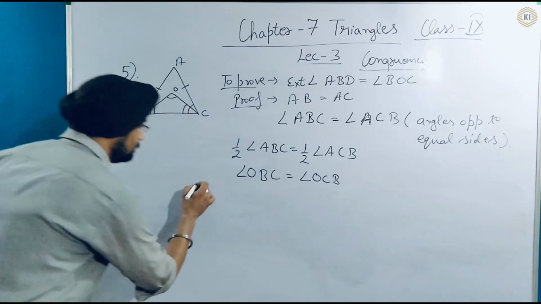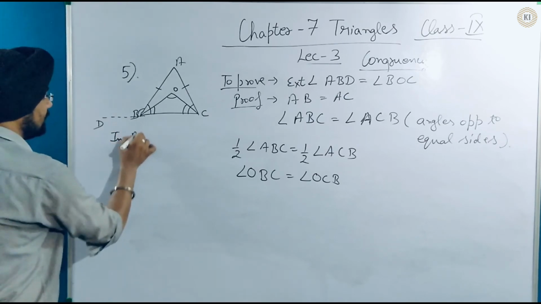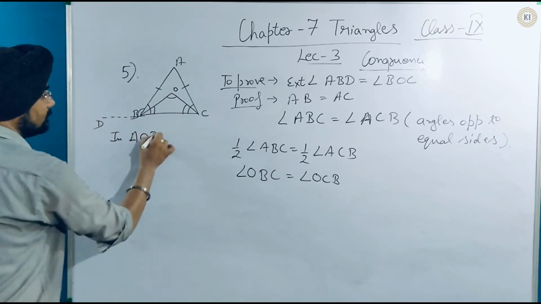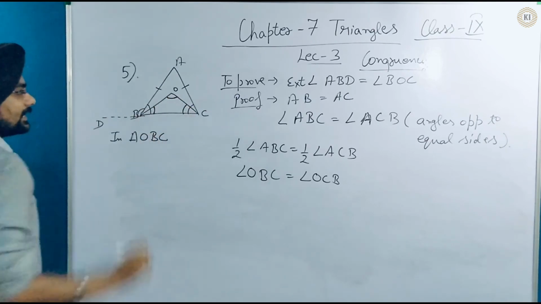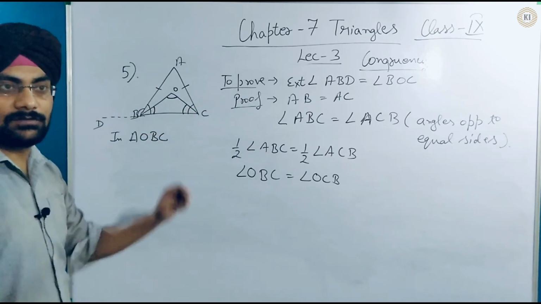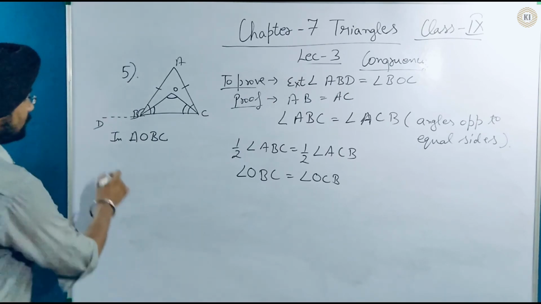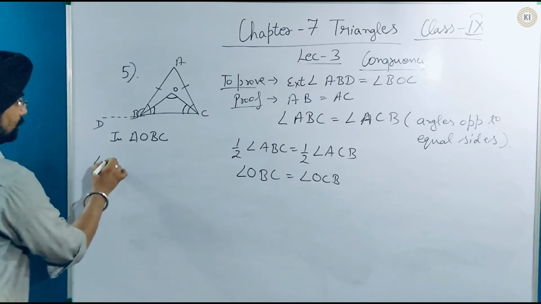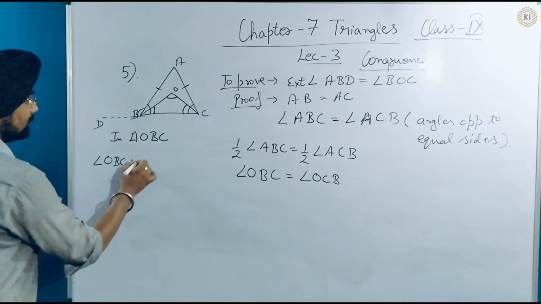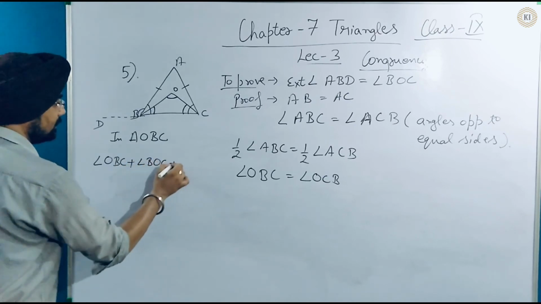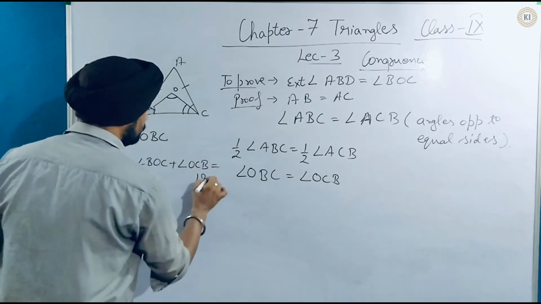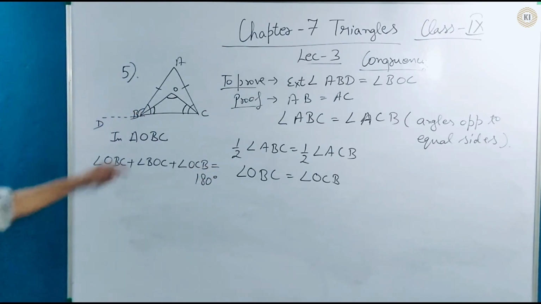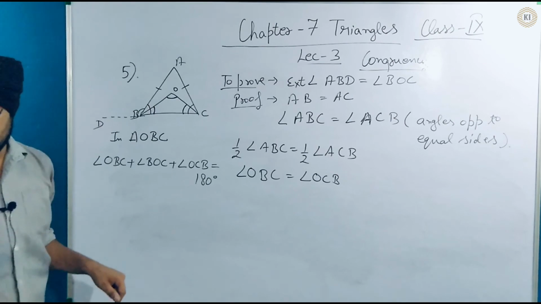Now if we come to triangle OBC, this angle plus this angle plus this angle will be equal to 180 degrees because the sum of angles of a triangle is 180. So here we can write angle OBC plus angle BOC plus angle OCB will be equal to 180 degrees.